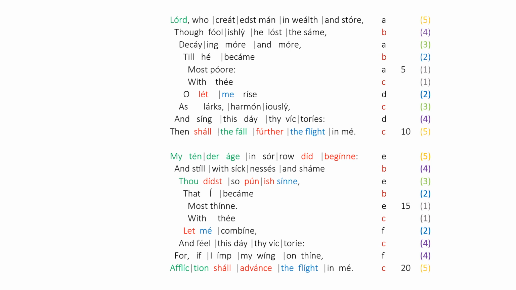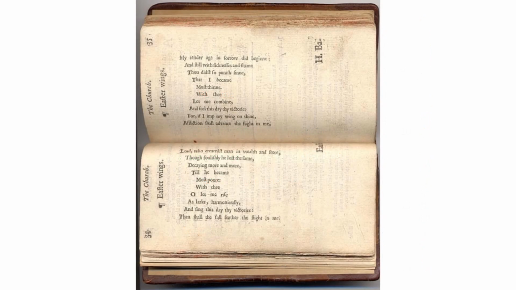And so if we go to the slide again of the book, we can encounter these poems in a new way with our renewed understanding. My tender age and sorrow did begin, and still with sicknesses and shame thou didst so punish sin that I became most thin. With thee let me combine and feel this day thy victory, for if I imp my wing on thine, affliction shall advance the flight in me.